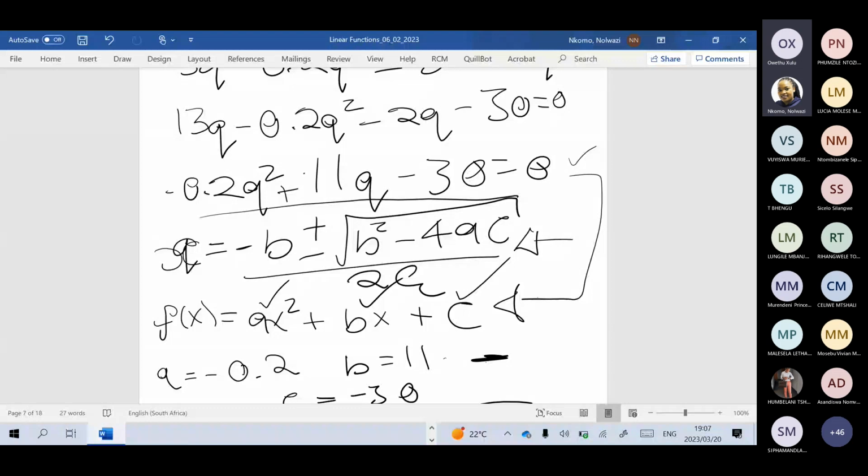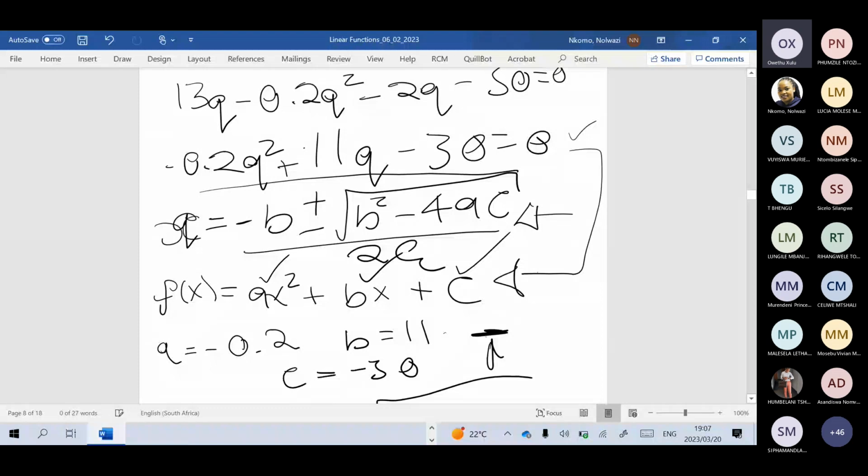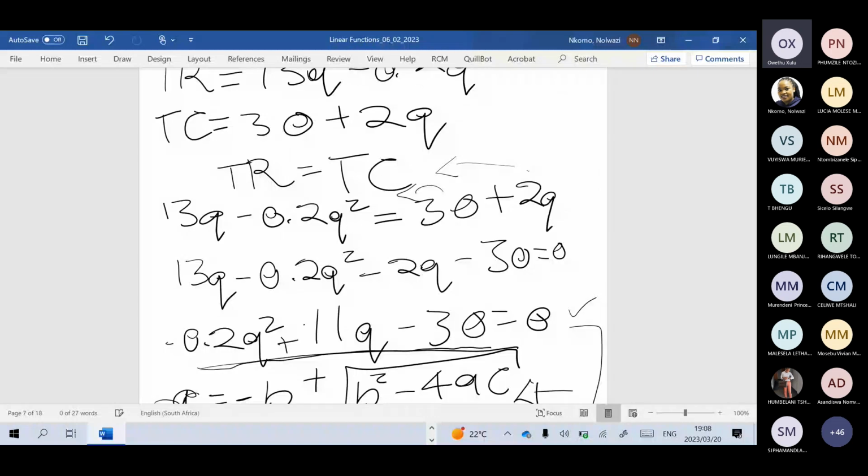This is 2.9 and Q2 is 52.1, and then you take these two and substitute them back. It's either here or here, since you obtained them by equating the two.